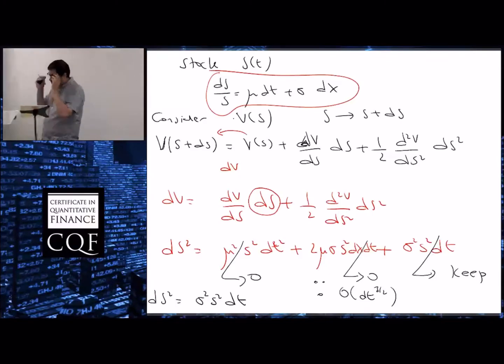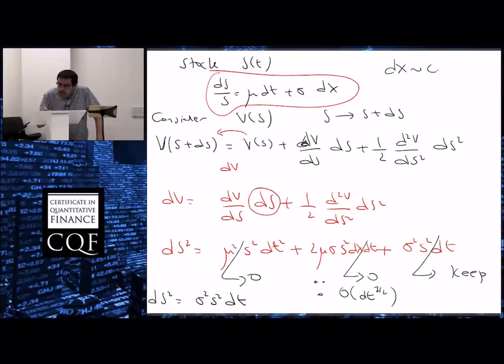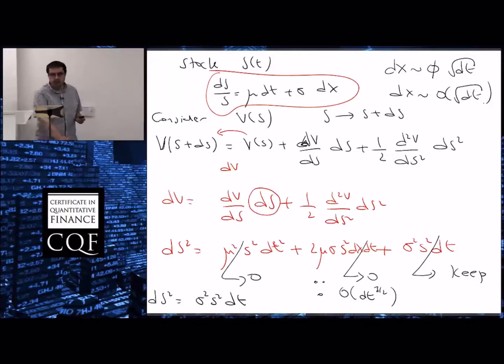We did this on Tuesday, in fact. We know that dx is phi times root dt. So in other words, we can say that dx behaves like this. But then you've also got that multiplying with a dt. So the overall magnitude of that is going to be dt to the 3/2. Right, so that's the question that's being asked.